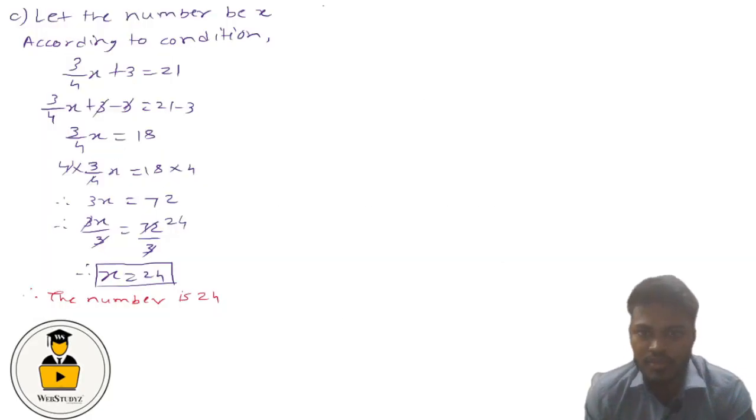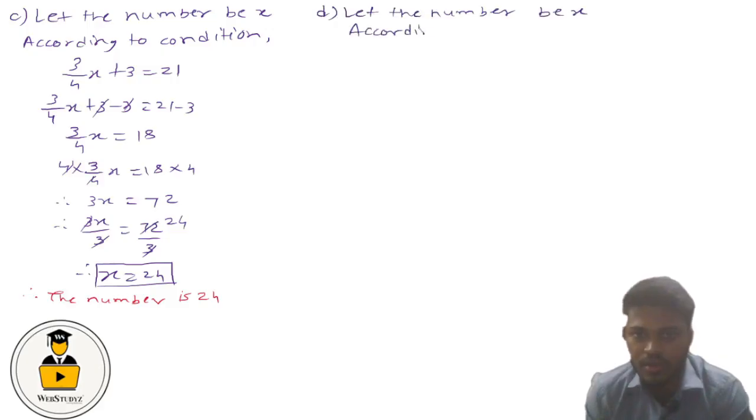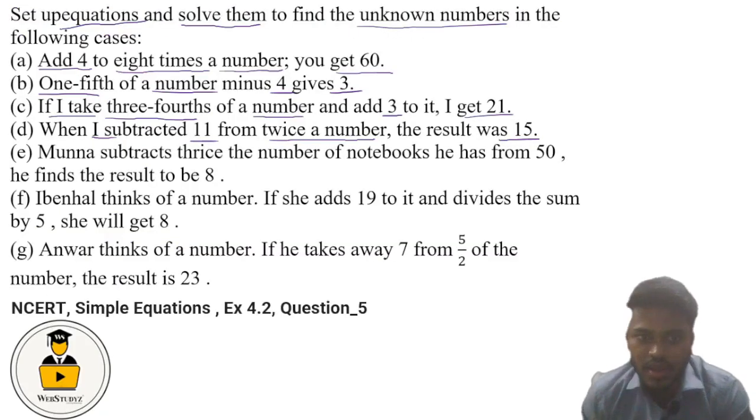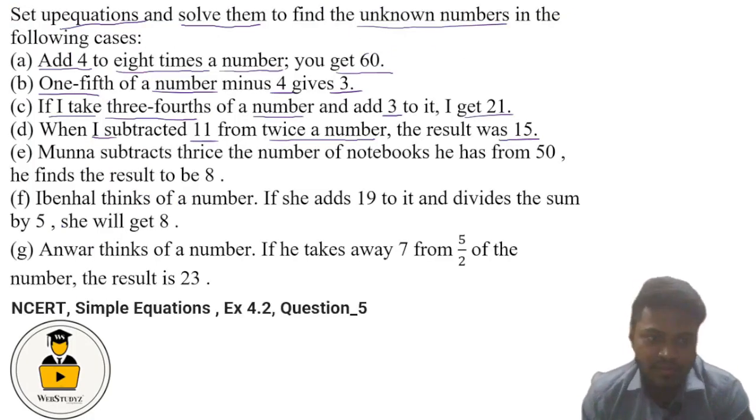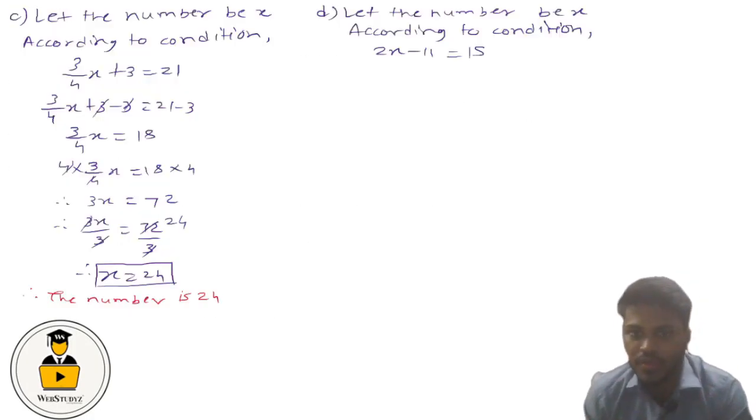So again, let us assume the number be x, and according to the condition that has been given, if I subtract 11 from twice a number, since our number is x, twice the number will be 2x, and we have to subtract 11 from it, then we will get the result as 15. So this will be equal to 15.